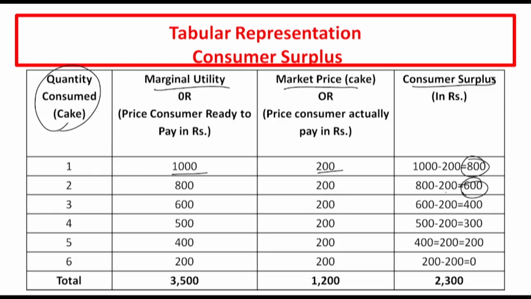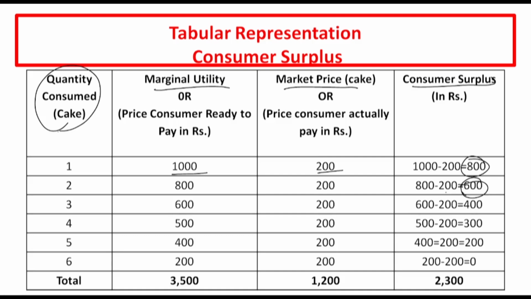In the third cake, he is ready to pay 600, then he is ready to pay 500, then 400, then 200. So, what can you see? You can see as he is increasing the consumption of the commodity, the marginal utility is getting reduced, or you can say he is less willing to pay. Why is he less willing to pay? Because his want is getting satisfied.